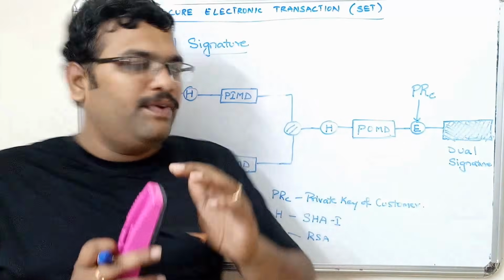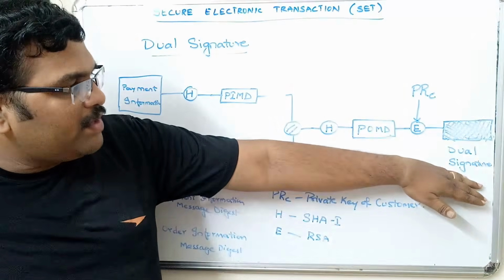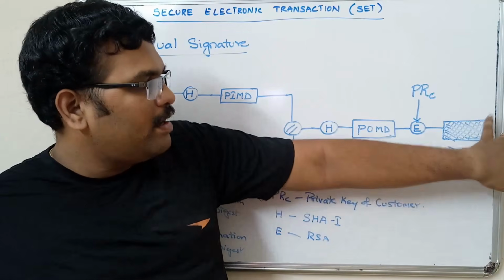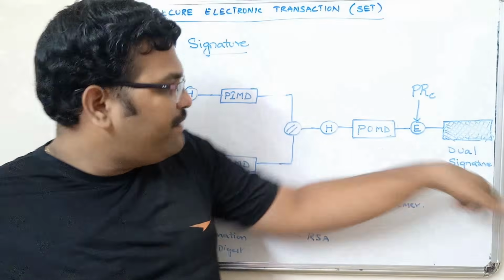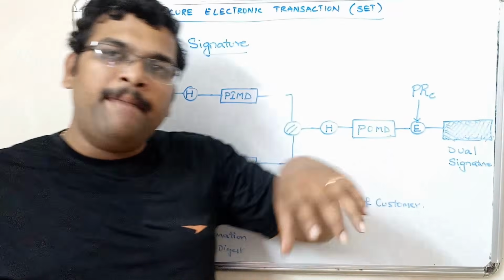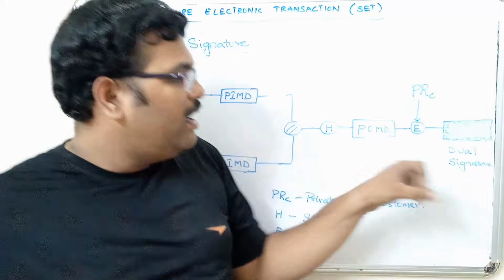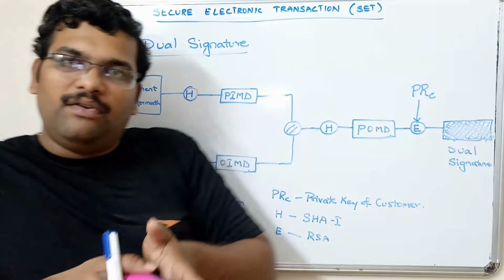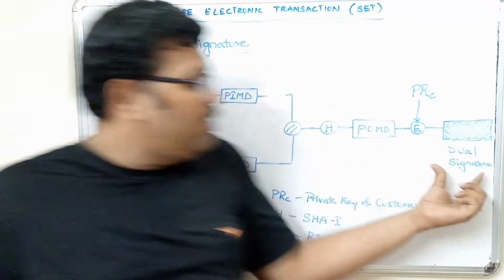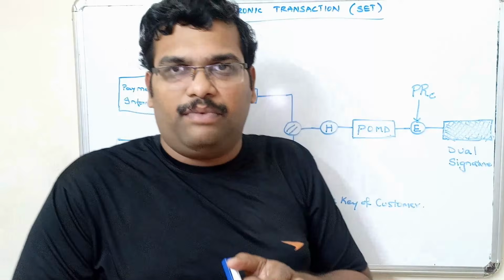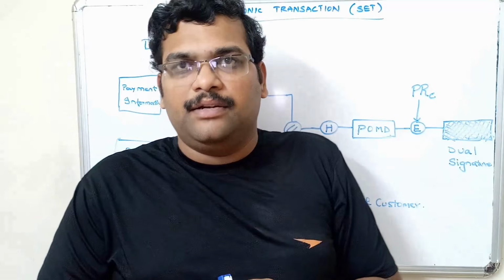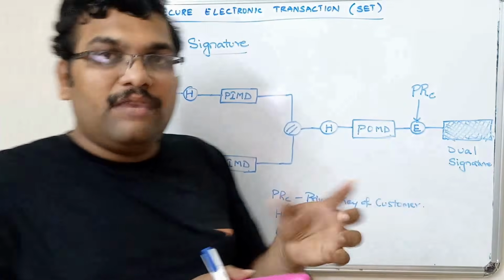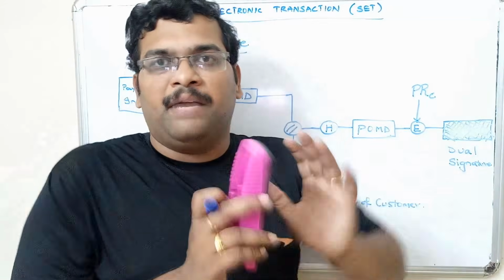so that the merchant will decrypt this dual signature and verify this POMD. Similarly, the bank will decrypt this dual signature and compare the POMD. So we have to include this dual signature with our purchase request and also the payment request. This dual signature will be received by both the bank and merchant.